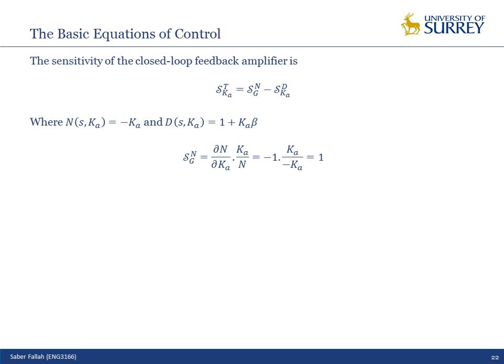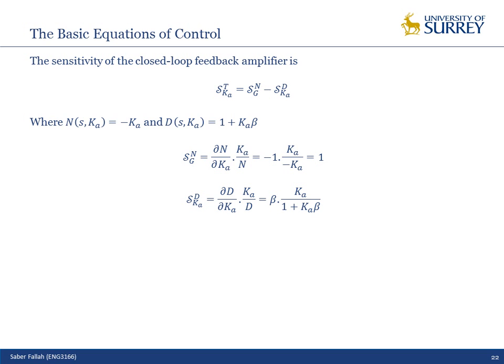The sensitivity of the numerator against Ka, here is a typo, will be dn over dKa multiplied by Ka over n. What is dn over dKa? It is minus 1. Correct? Minus 1 multiplied by Ka over n, minus Ka, will be minus 1 times minus 1, which is 1. And the sensitivity of the denominator against Ka will be the derivative of d against Ka multiplied by Ka over d.